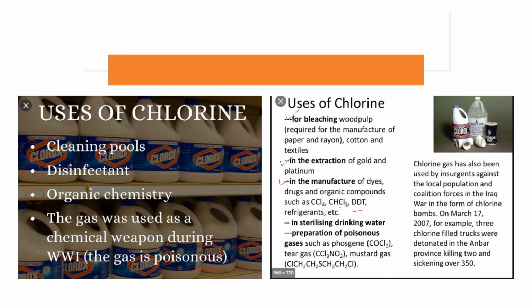For example, 3 chlorine-filled trucks were detonated in the Anbar province, killing 2 and sickening over 350 people.